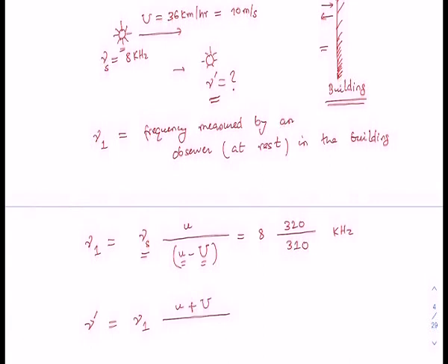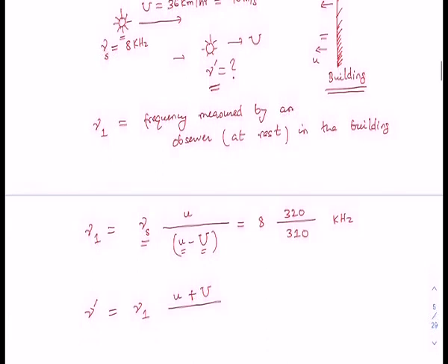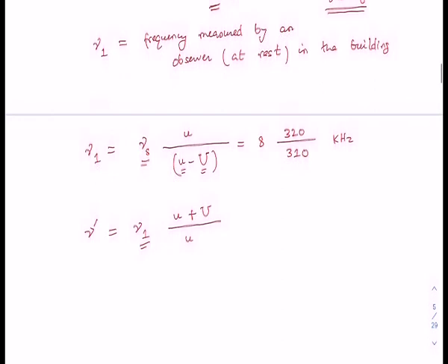I think that is easy to understand, because the car is moving with velocity capital U and sound is coming towards it. And as regards the wavelength, this is now acting as a source, so the wavelength would be u into T0, that is u by nu 1, so it would be simply this. So this is the formula we have to apply.